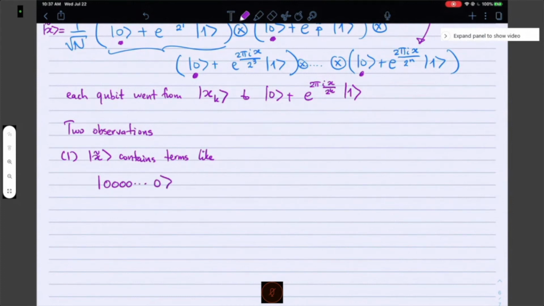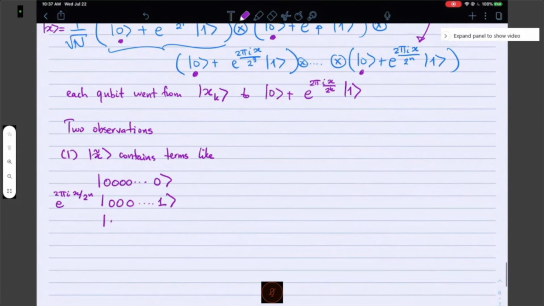And then all zeros except the last bit being 1, with a phase that looks like e to the 2 pi i x over 2 to the n. And even terms that look like, when that 1 moves 1 bit over, 2 pi i x over 2 to the power of n minus 1, and so on. So that's your first hint that the power here and the way one of the qubits is flipped to 1 are tied together.